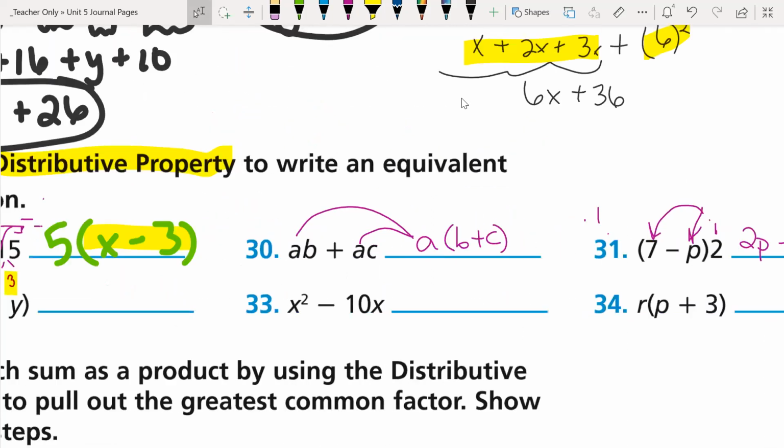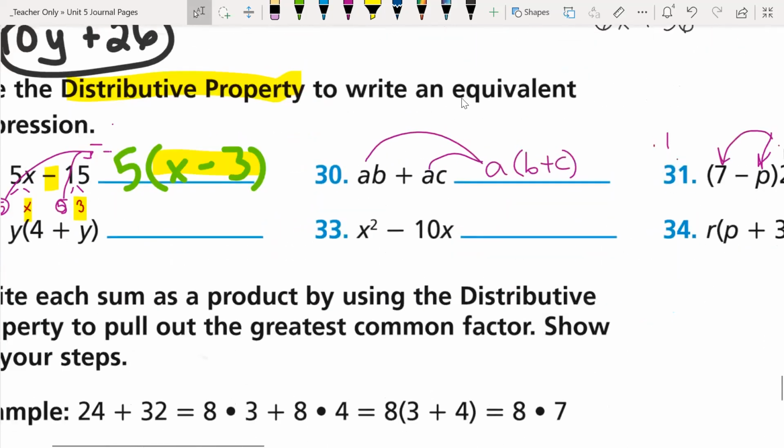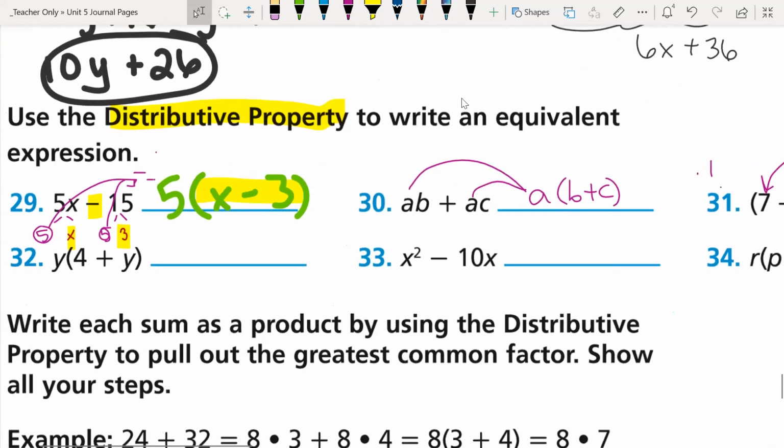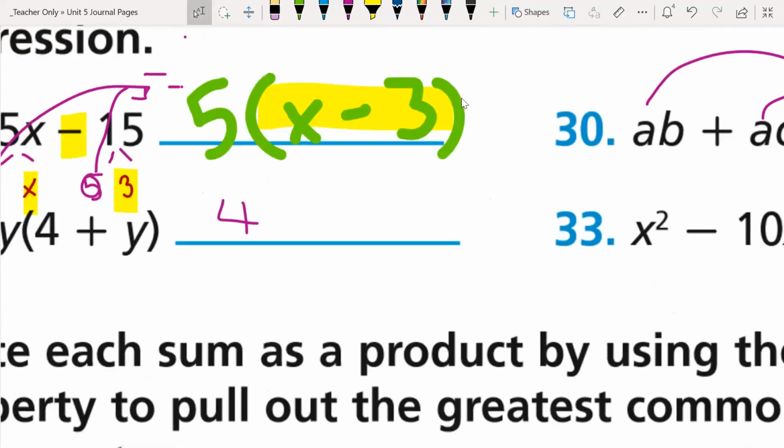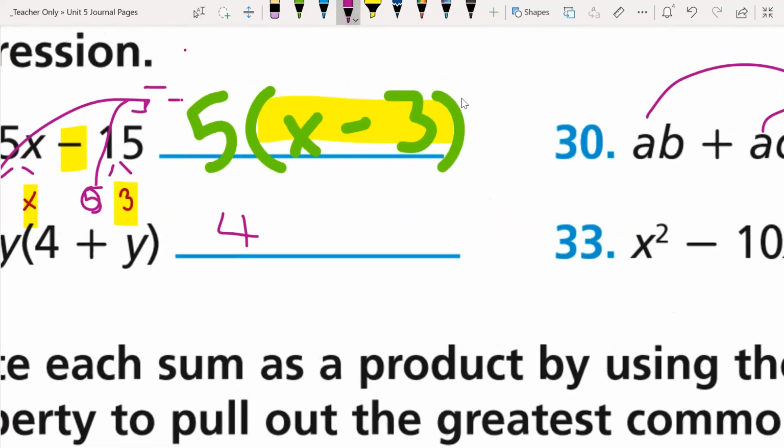I'll let you guys do 31 through 34 on your own. Go ahead and pause the video. Okay, the answers for this are 4y plus y squared.